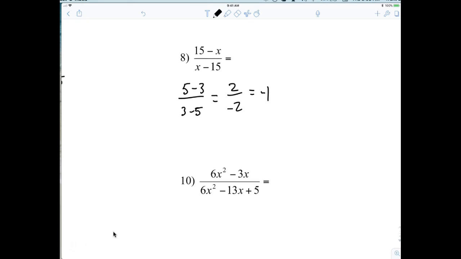Alright, now I'm going to show you something else. What is 7 minus 11 over 11 minus 7? -4 over positive 4. So it is -1. It's always what? It's always -1. If I say, for example, x plus 3 over 3 plus x, that's +1.